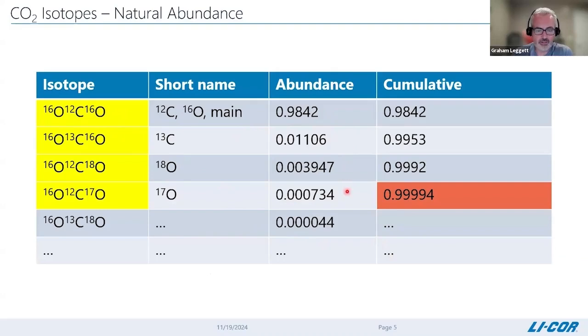And then the O18, O17, progressively less abundant, so very, very low concentrations of those isotopes in the atmosphere. So quite a challenging measurement using any kind of technique, but we've managed to do that with the cavity enhanced absorption spectroscopy using optical feedback in the LI-7825.